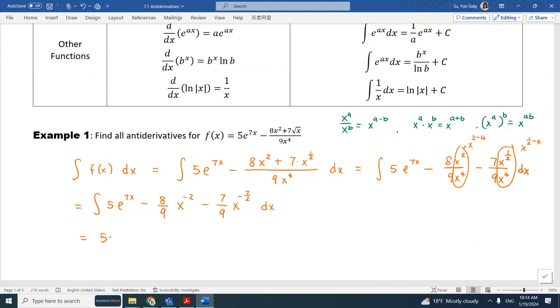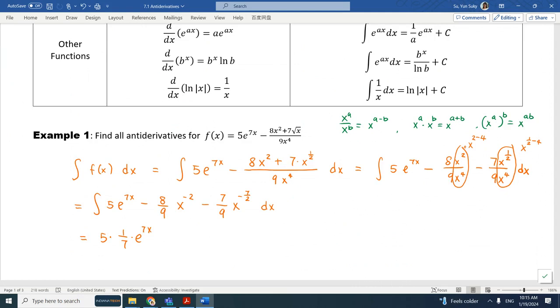And the integral of e to the 7x is 1 over 7 times e to the 7x, where a is 7. Everybody okay with that?